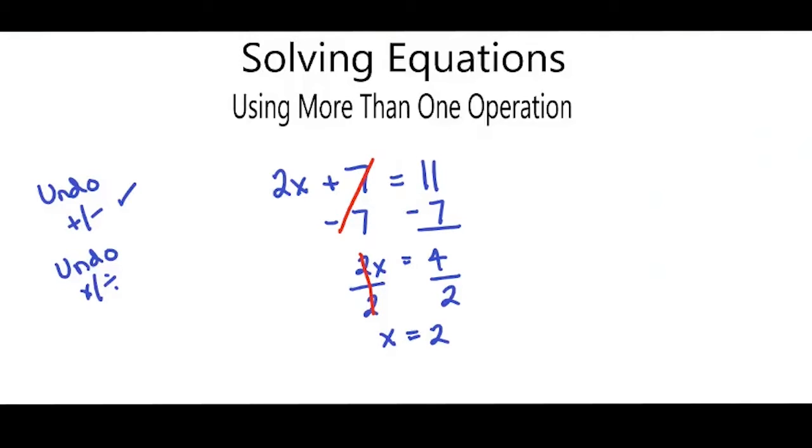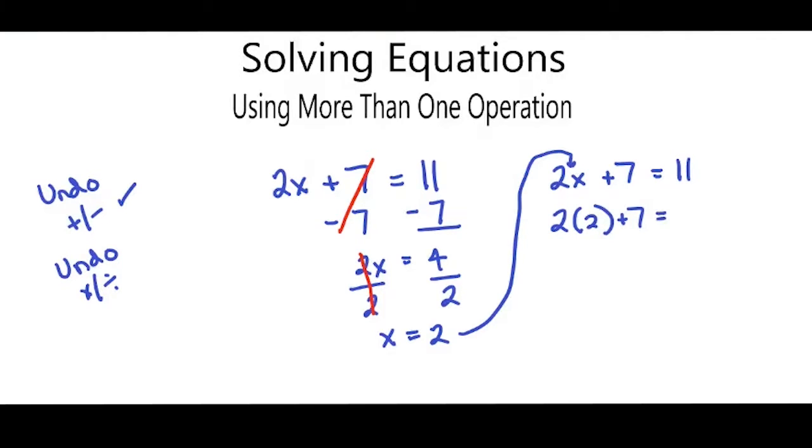So I'm going to check the solution with a test by taking the original equation, which is 2x plus 7 equals 11, and I'm going to replace that x with the 2. So now I have 2 times 2 plus 7 equals 11.